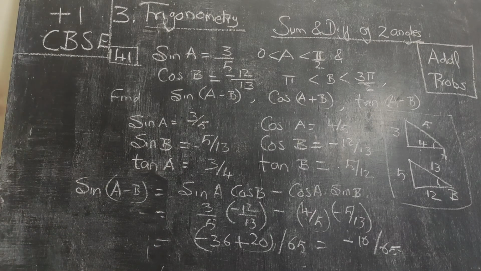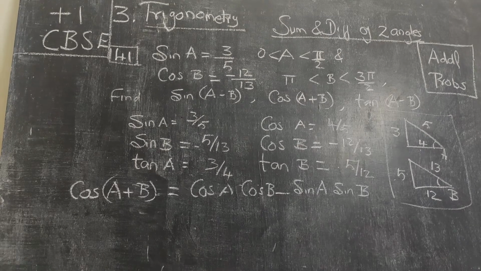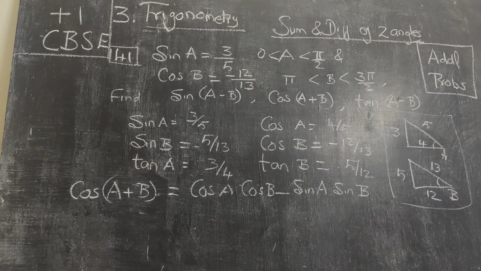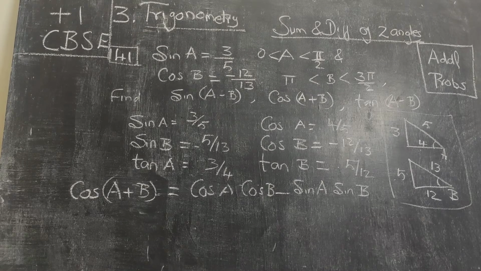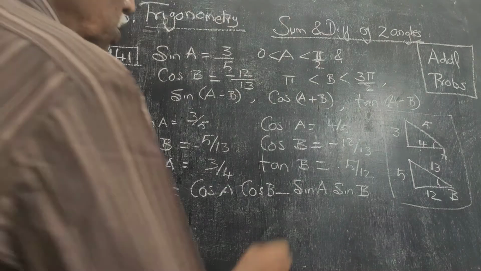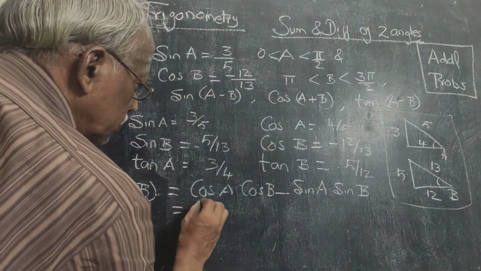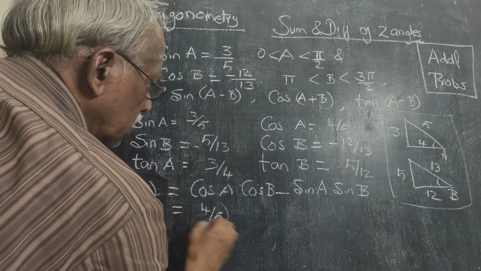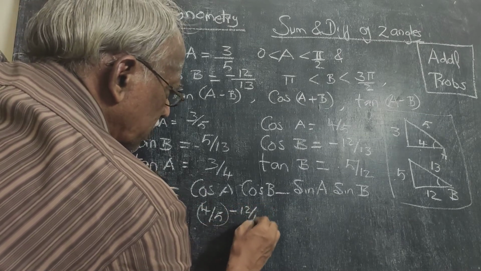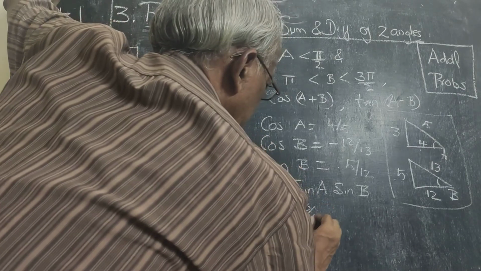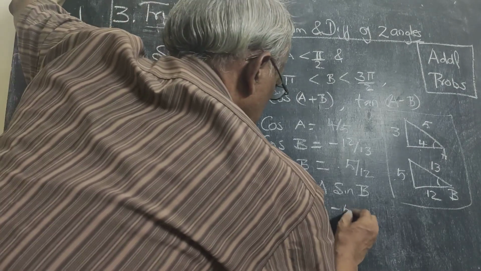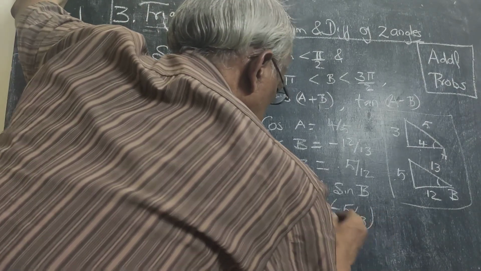Now I go for cos of A plus B. We know that cos of A plus B is cos A cos B minus sin A sin B. Now substitute the values: 4 by 5 and minus 12 by 13, minus, this is 3 by 5 and this is minus 5 by 13.